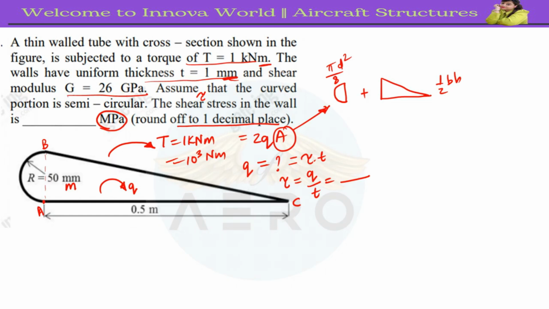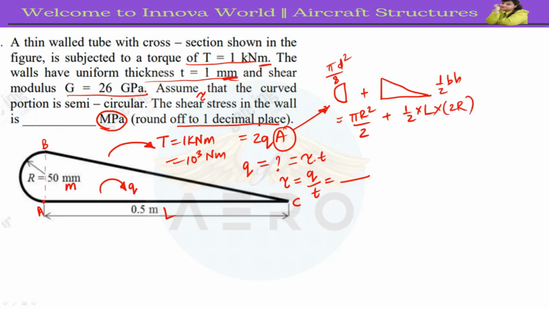Okay. Solve this problem and tell me what answer you are getting. So first of all you need to find what the area is. When you use this formula, or you can also use pi r square by 2, plus half into this length, capital L, into again twice r.